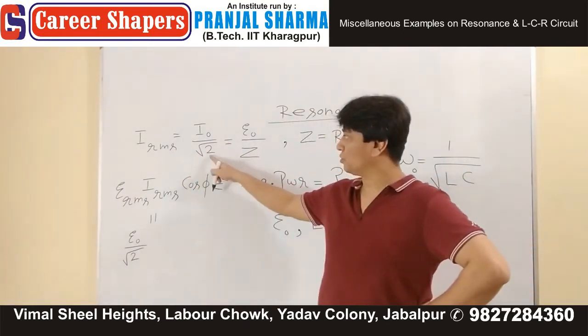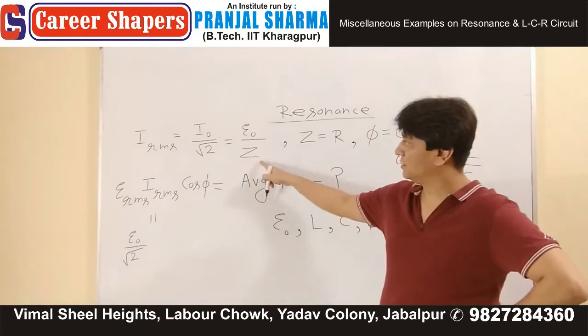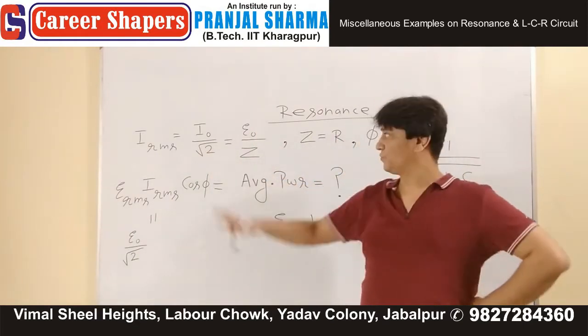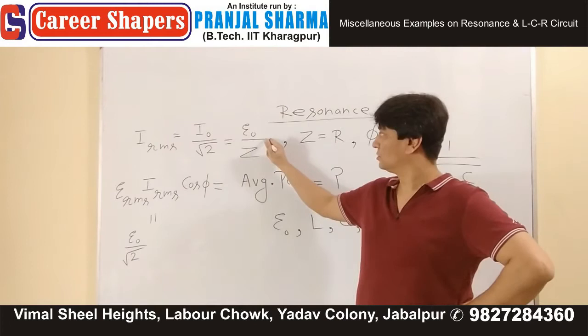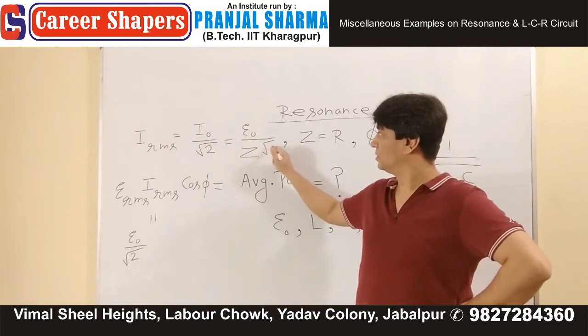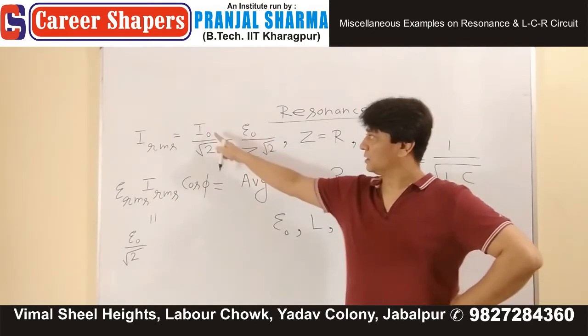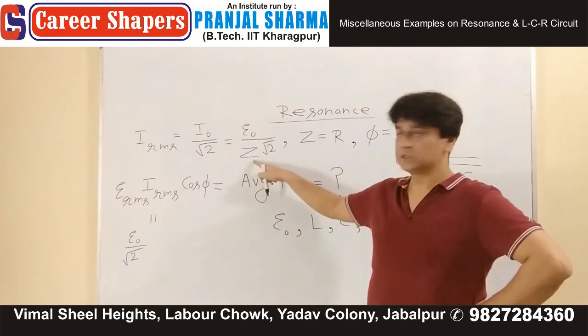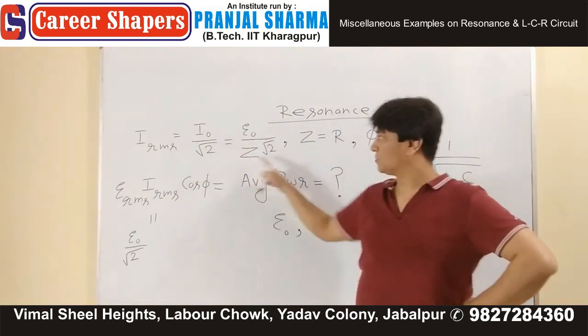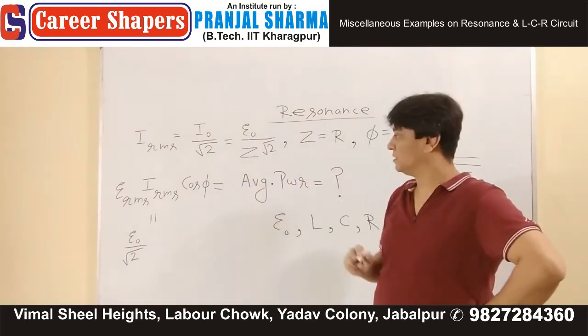Now, what is IRMS? I naught upon root 2, which is E naught upon Z. And don't forget this root 2 part also. I naught is E naught upon Z, and this term of root 2 is already present.